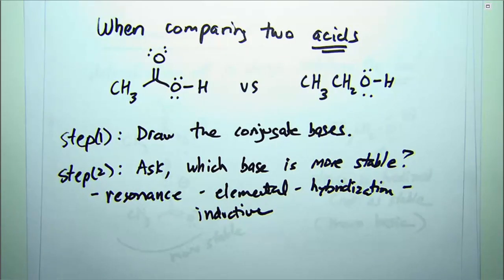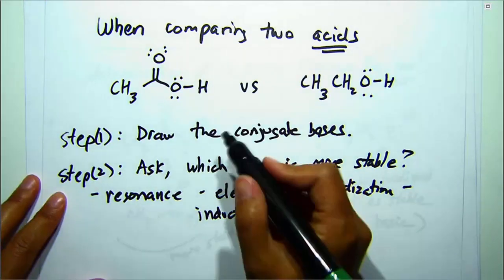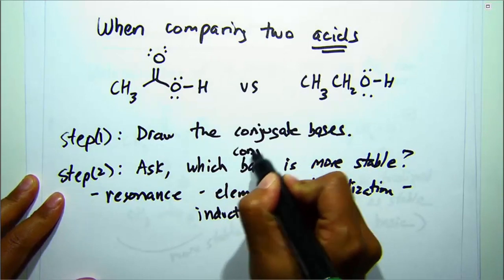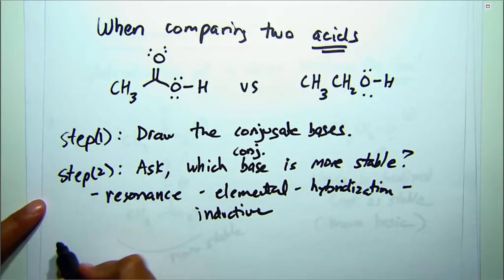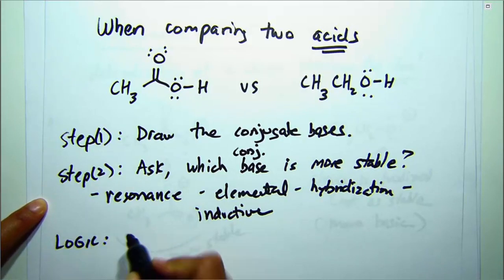After you determine which one is more stable, you can use this logic. So if I'm a very acidic acid, I want to give up a proton, I'm going to form a very happy, stable base. So the more stable the base, the more stable the conjugate base, the more acidic the acid. So here's the logic we use.